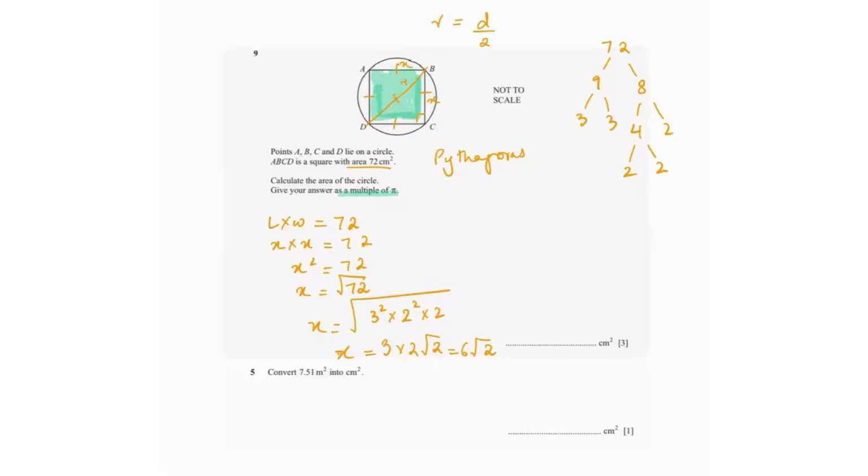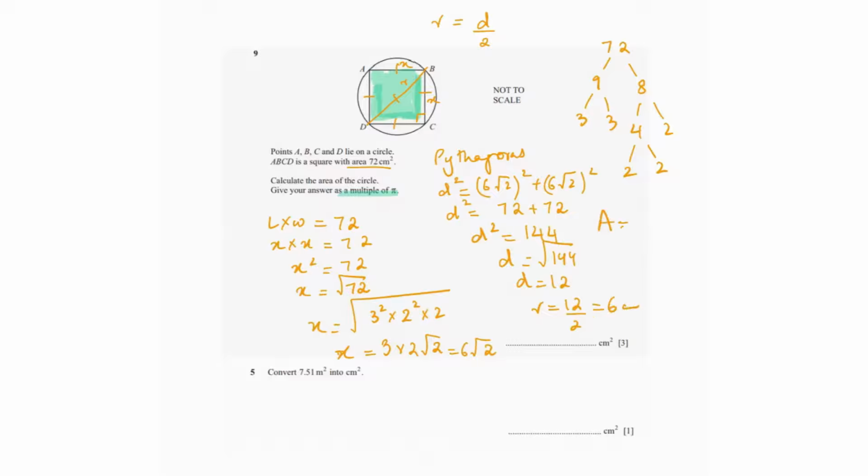So based on Pythagoras, your hypotenuse D squared equals 6 root 2 squared plus 6 root 2 squared. 6 root 2 squared is 72, and then again plus 72. That's D squared, because 6 squared is 36, and 36 times 2 is 72. So we add the 72s, that's going to be 144. D equals the square root of 144, and that is 12, which means the radius is going to be 6.